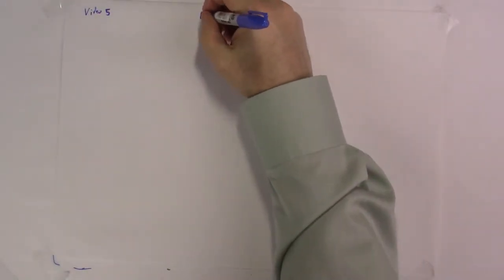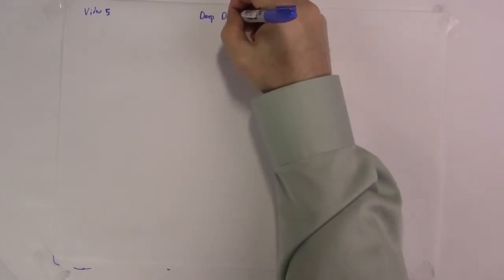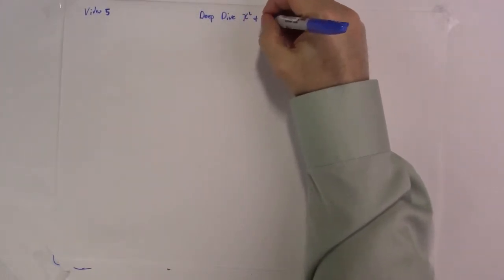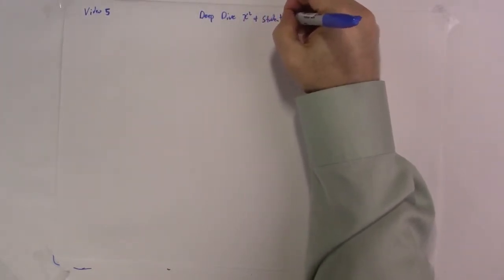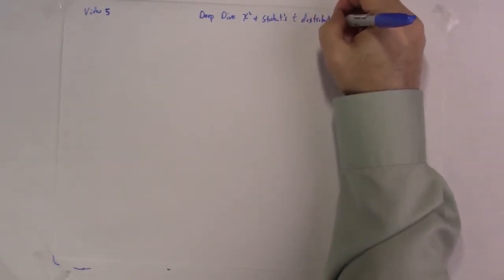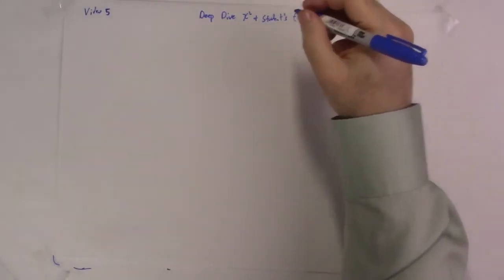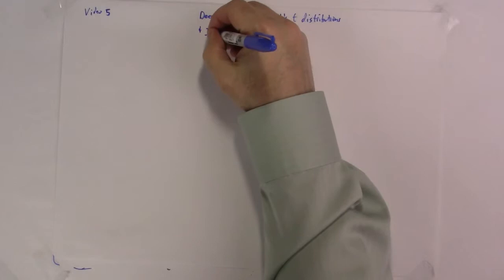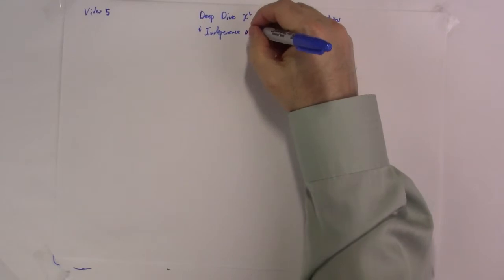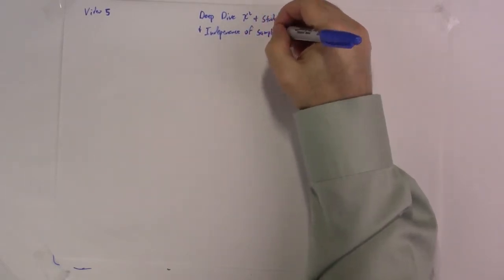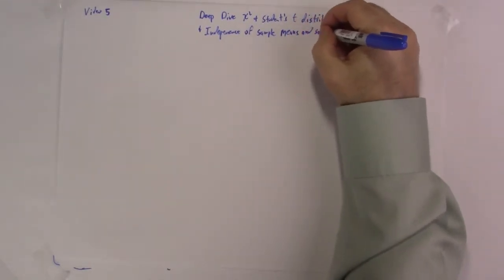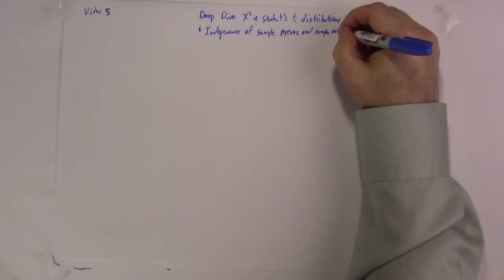And we're doing a deep dive on chi-squared and Student's t-distributions, and independence of sample means and sample variances.